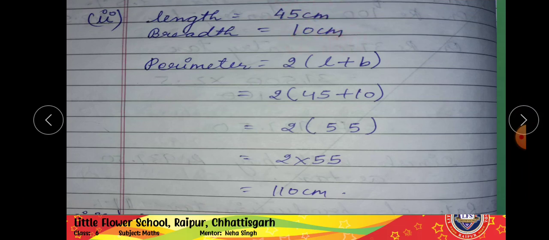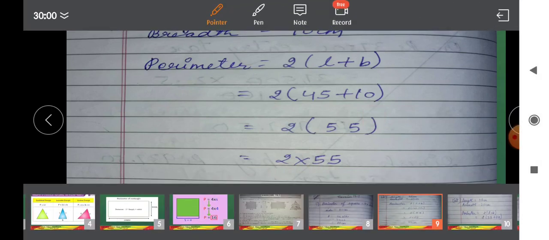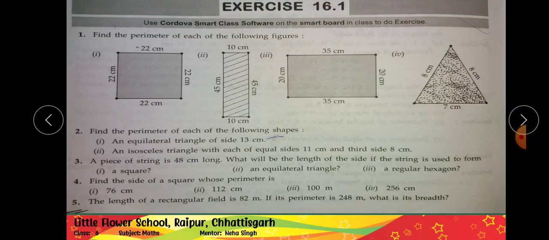So what will be the perimeter? 2 into 45 plus 10, that is 55. 2 into 55, 5 2s are 10, 0 and 1 carried. 5 2s are 10 and 1, 11. So here it is 110 centimeter. The perimeter for the second question, that is the rectangle, is 110 centimeter.